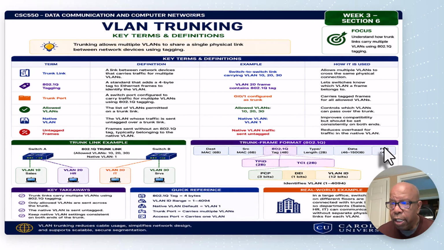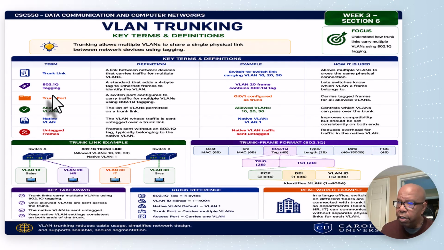Okay, VLAN trunking. This is basically looking at the VLANs from a trunk's perspective. Trunking allows multiple VLANs to share a single physical link between network devices using tagging. The key terms are the trunk link, tagging, the trunk port, allowed VLANs, and native VLAN.